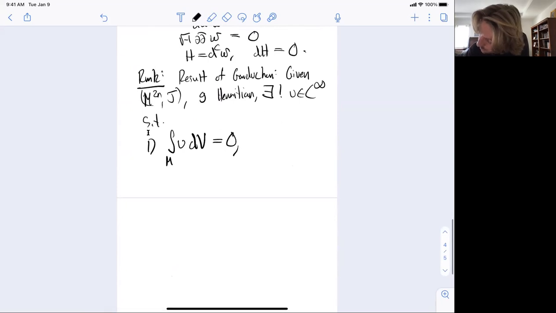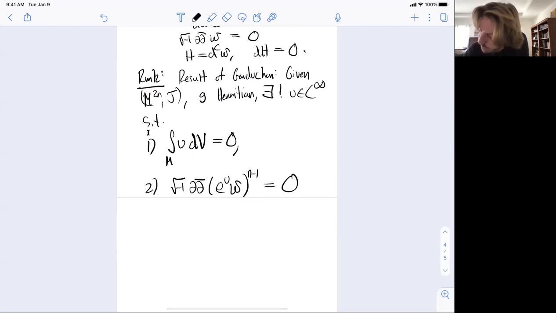That's one. And second is i del del bar of e to the u omega to the n minus 1 is 0. Okay.